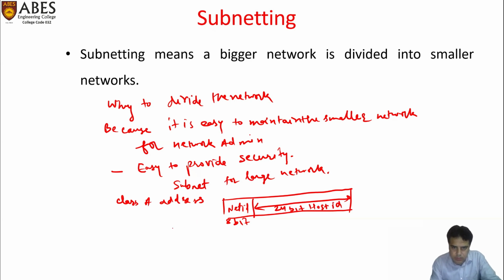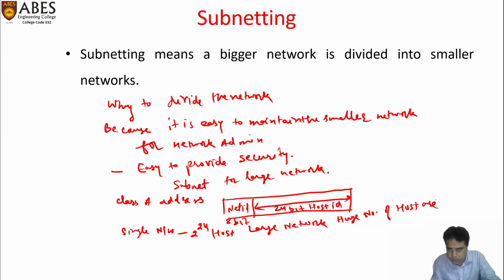It means in a single network there are 2 raised to the power 24 hosts. That is a huge number of hosts connected. So the question is how to do subnetting.